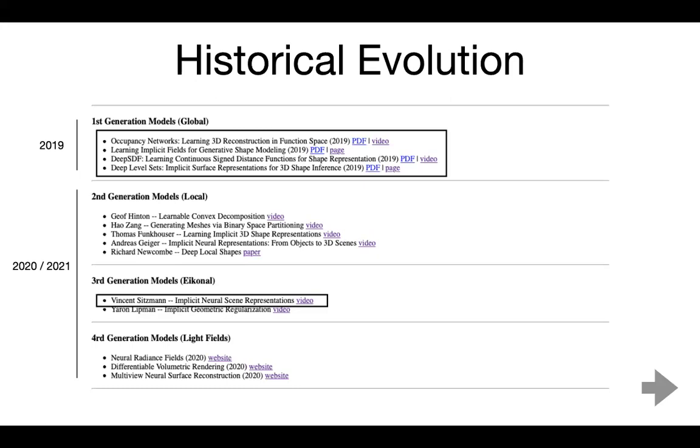In the final part of the lecture, I'm going to describe these first generation models, these 4 models that are very similar, so you can understand the similarities and differences between them. And they all compute indicator functions. And then I'm going to describe the SIREN model, which is a signed distance function that's representative of these implicit neural fields using signed distance functions.